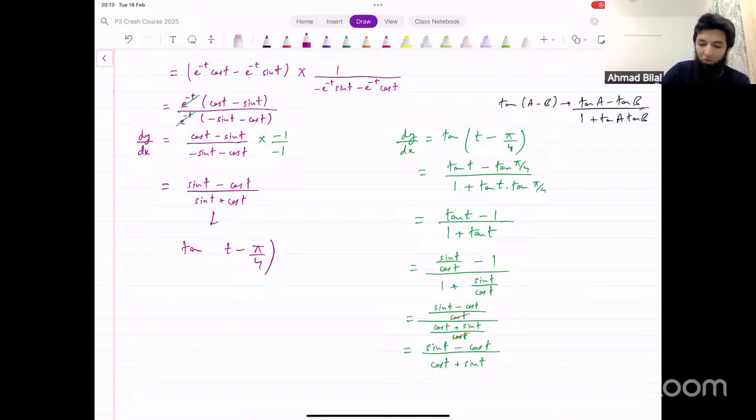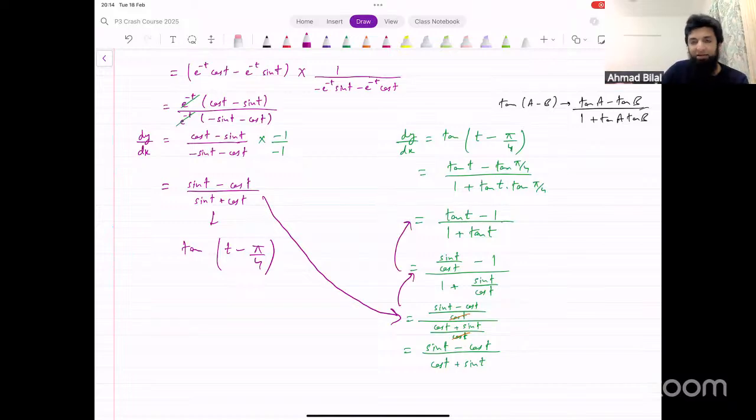If you had to go the other way around, what you would do at this point would be apply these steps in this order. So the next step would be you divide the numerator and denominator both by cos of t to get this form. Then you split those fractions and get this, convert it to tan, and then think of it yourself that one can be written as tan of pi over 4 because they're equivalent.